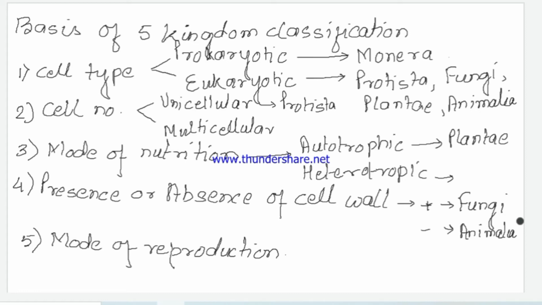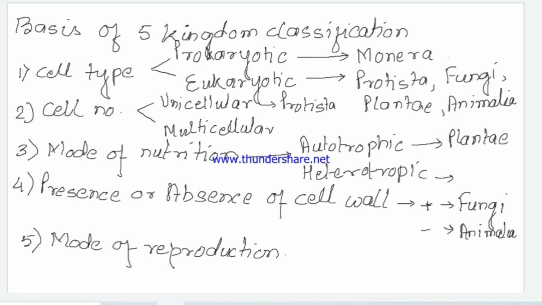Later on, the three-domain system was proposed that divides the kingdom Monera into two domains, the Archaea and the Eubacteria, leaving the remaining eukaryotic kingdoms in the third domain.